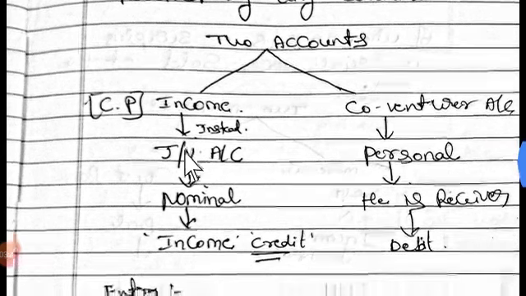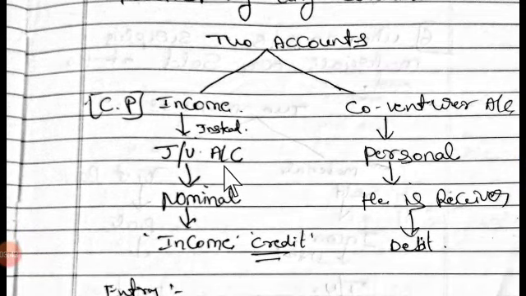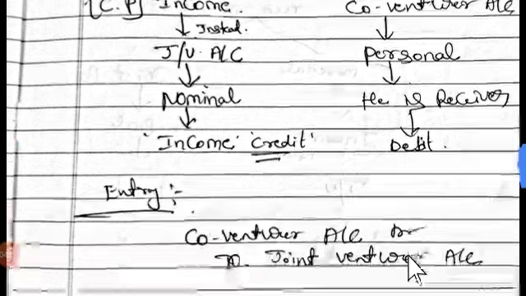Instead of income, we open the joint venture account. It is a nominal account, so it should be credited. Instead of crediting income, we will credit joint venture. Next, another account which arises here is the co-venturer. It is a personal account. He receives the amount, meaning he receives the contract price, that is, he receives the amount of this joint venture, so he is considered the receiver and we have to debit him.